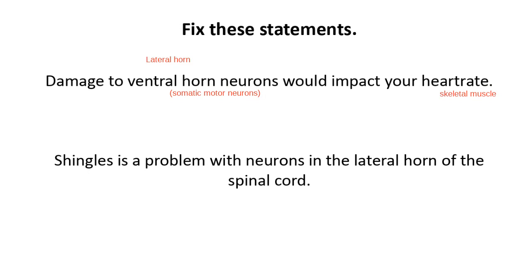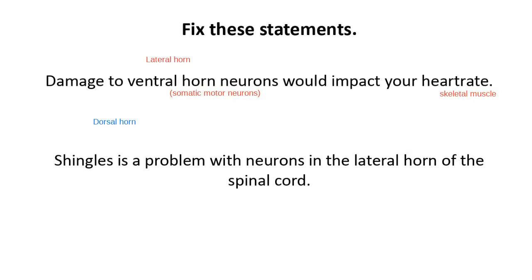There is also one more horn that we didn't talk about in the statement here, and that is the dorsal horn. Can you remind me, what's the job of the neurons that are in the dorsal horn? Or what kind of neurons are those in the dorsal horn?